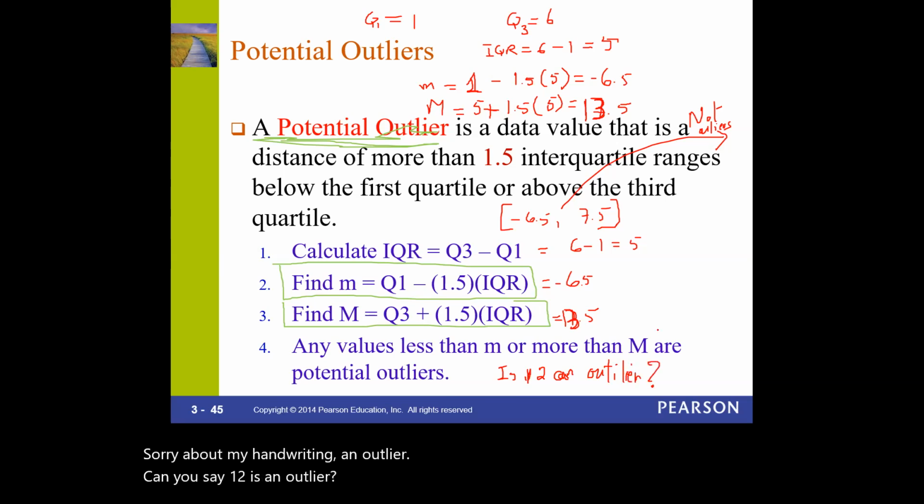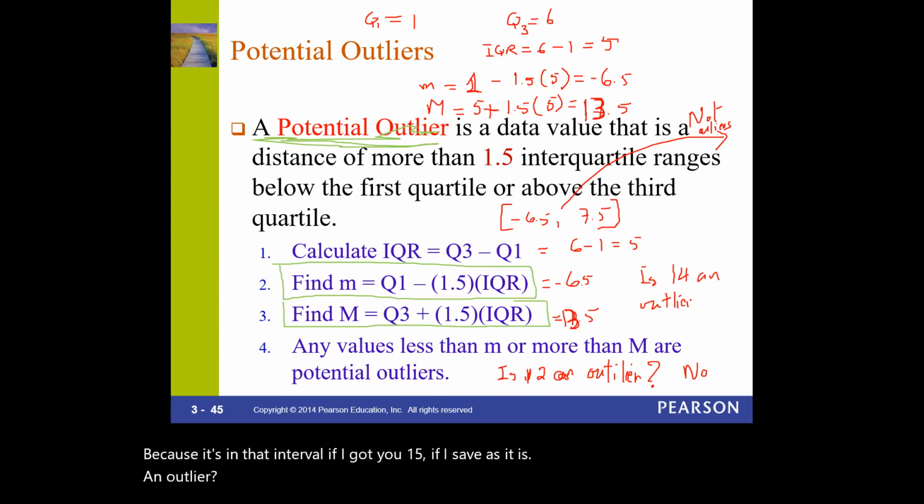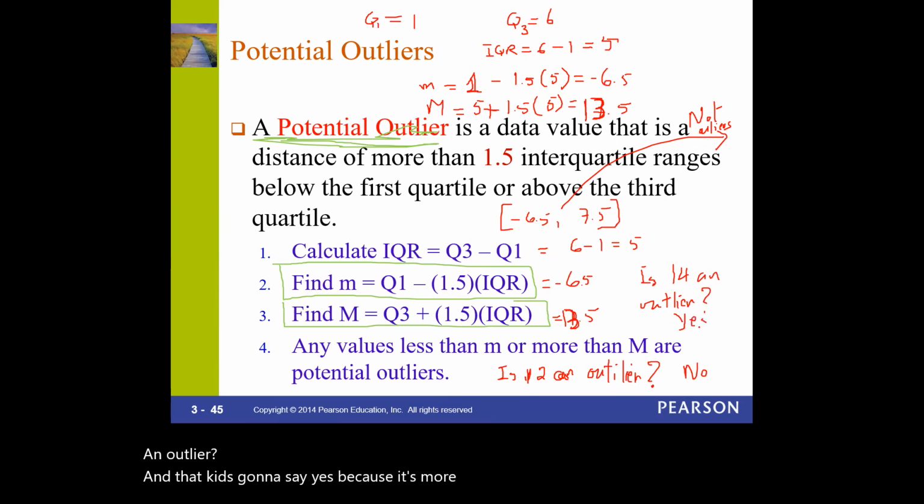Is it an outlier? No, that we know, because it's in that interval. If I say is 14 an outlier? In that case, yes, because it's more than 13.5.